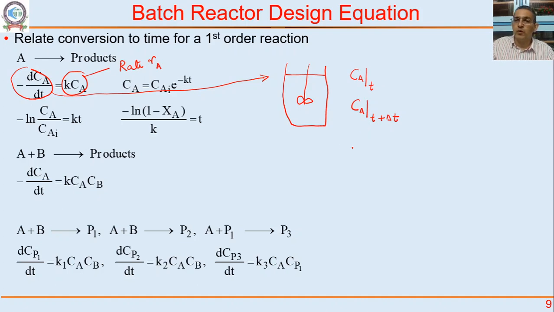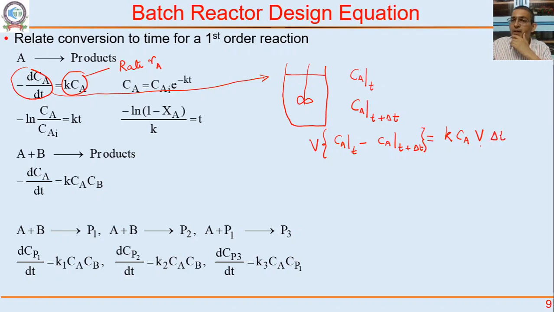Correct? So if you want to write a balance, CA at time t minus CA at time t plus delta t, multiplied by volume, is how many moles have reacted. How have they reacted? They have reacted based on k CA into V. This tells you the rate of reaction per unit volume, so I have multiplied by volume, per unit time.